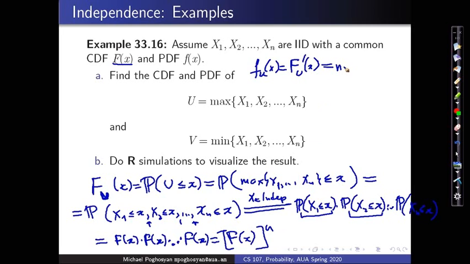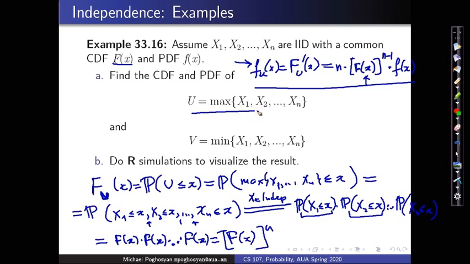This is a composite function, so n times F of x to the n minus 1 times the derivative of F, but the derivative of that is small f. So this is the formula to calculate the PDF of U, the PDF of the maximum, using the PDF of each of these random variables.